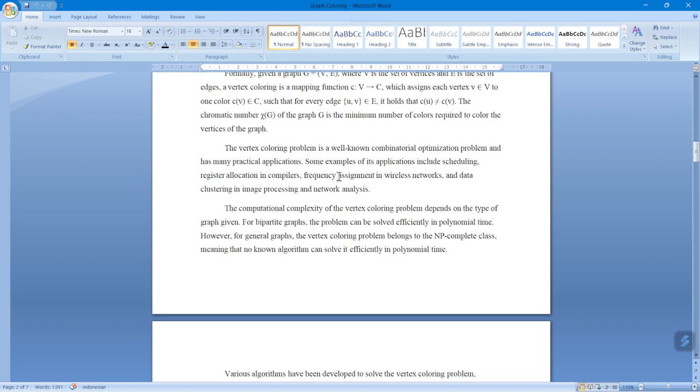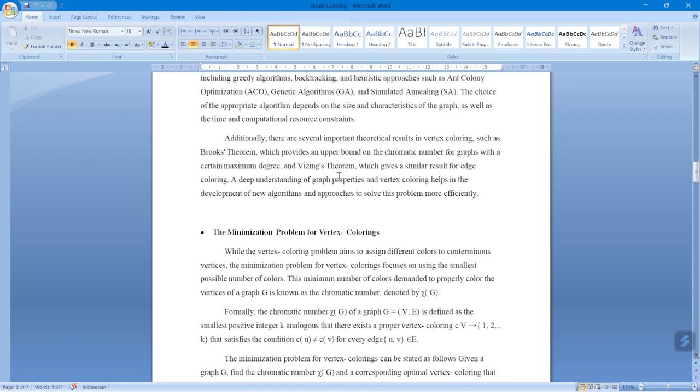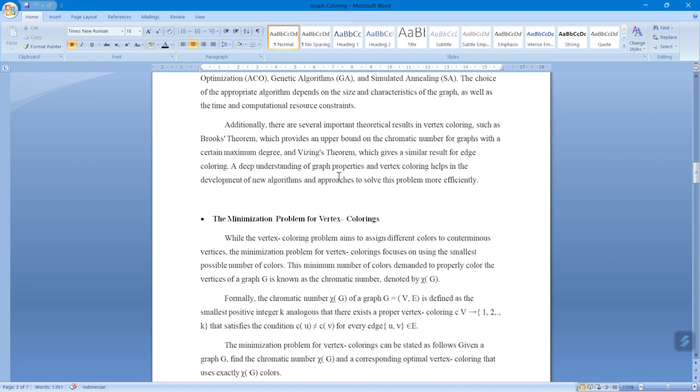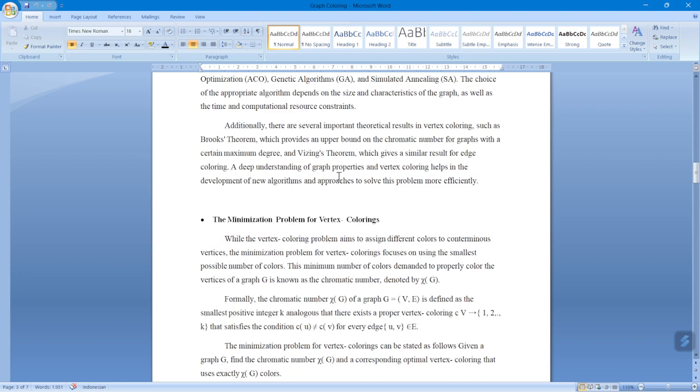The vertex coloring minimization problem focuses on using the smallest possible number of colors to color the vertices in a graph, while ensuring that adjacent vertices have different colors.